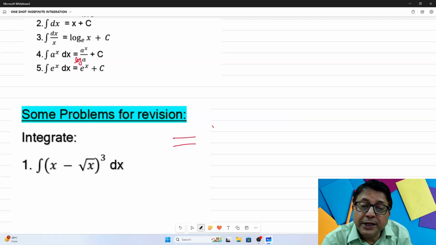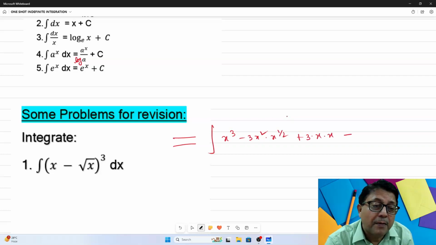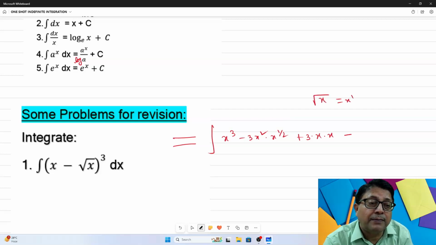If you want to integrate this, you need to make the cube of this expression: x cube, 3x square root x, meaning x to the power half, 3x into root x square is another x, minus x to the power half, its cube will give you x to the power 3 by 2.